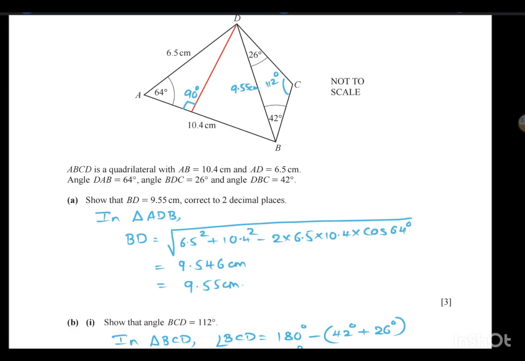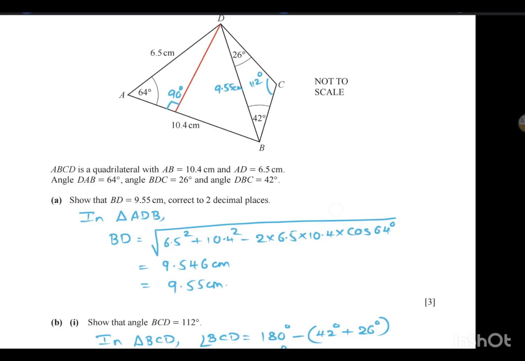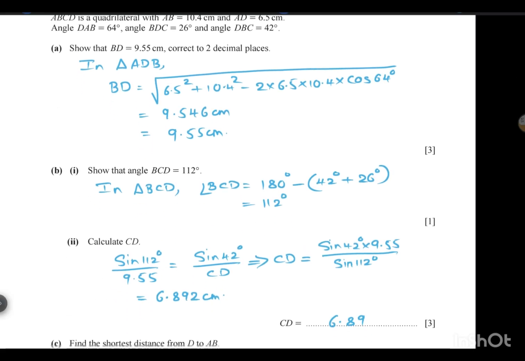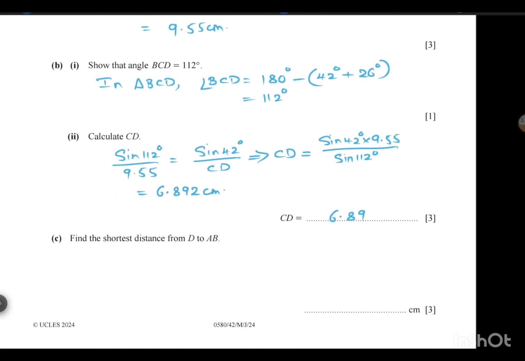Finding out the distance, that is D to this line AB, that is the shortest distance. So when you see this triangle, it's a right triangle. The shortest distance is the opposite of this angle 64 and 6.5 is the hypotenuse. So opposite and hypotenuse, you can use sine rule here.